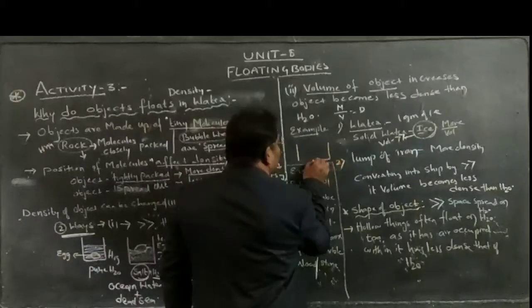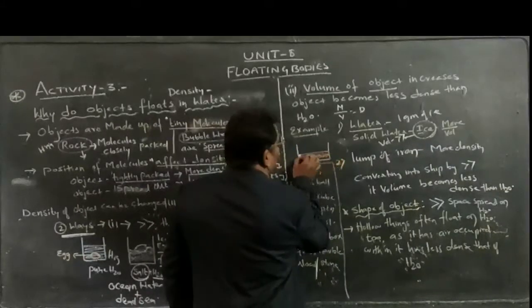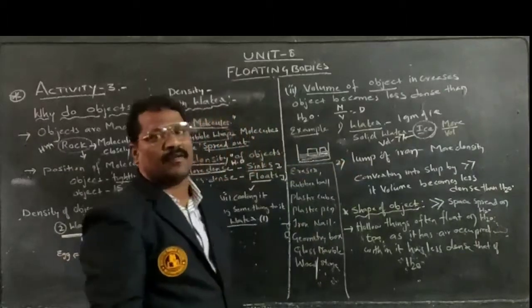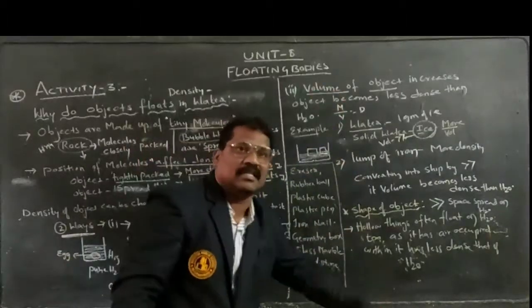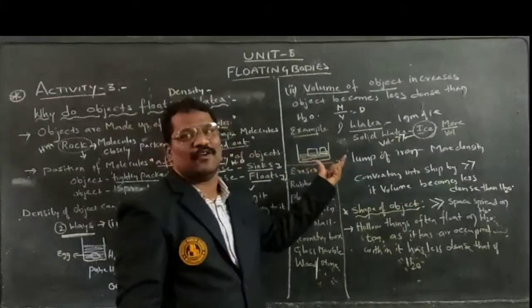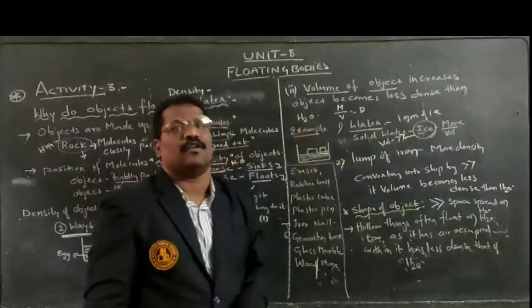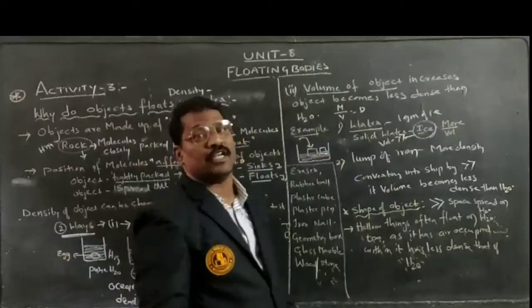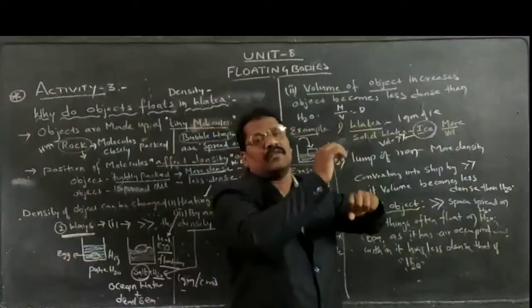If you keep any liquid for drinking and add ice cubes, what happens to that ice cube? Will it sink into that liquid? No. It will be floating on the surface of that liquid. If I take water also, that is the reason icebergs in oceans float on the surface of water.